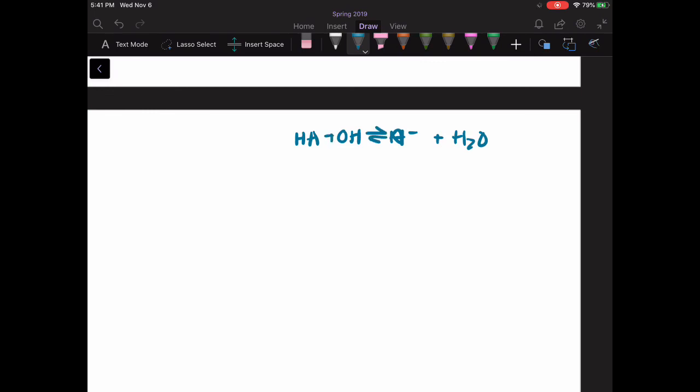I could end up using all of my acid to the point where I have leftover hydroxide. This will react all the way, so it will end up being 0, but I could have, say, 0.02 moles of hydroxide left. And it would want you to find the pH.